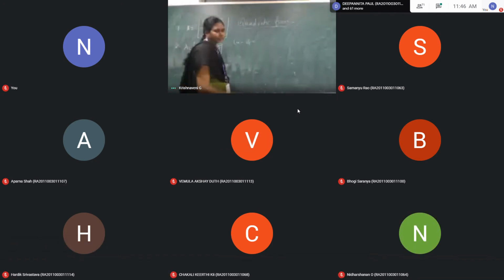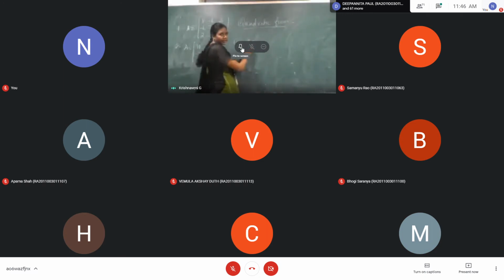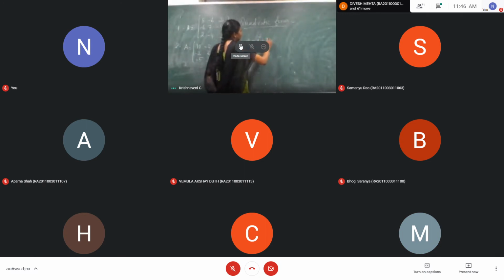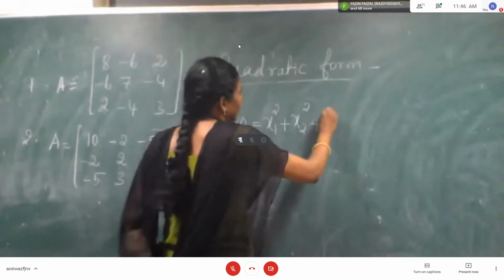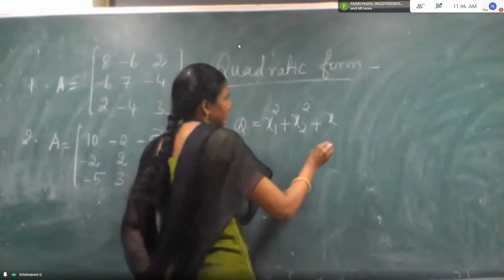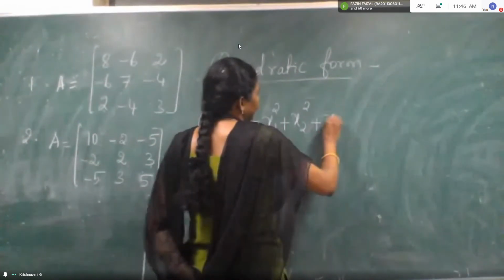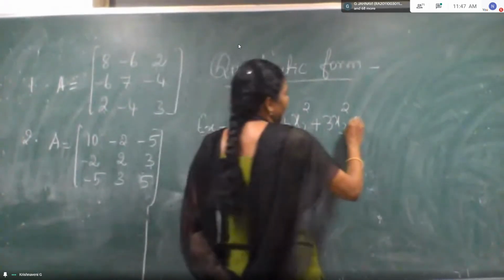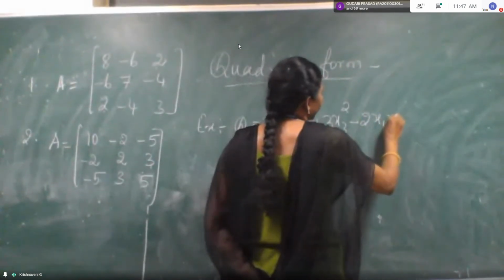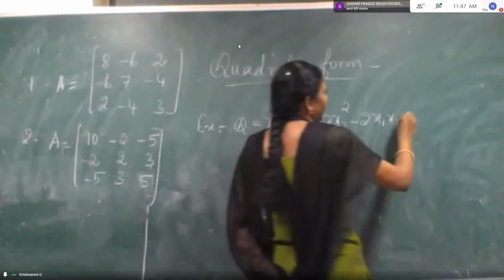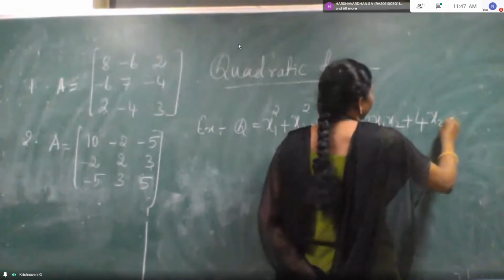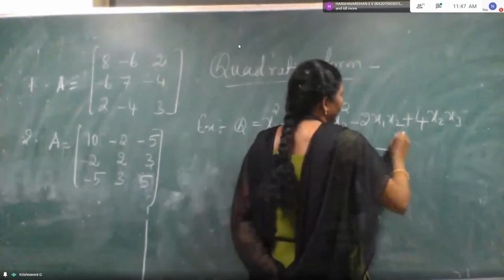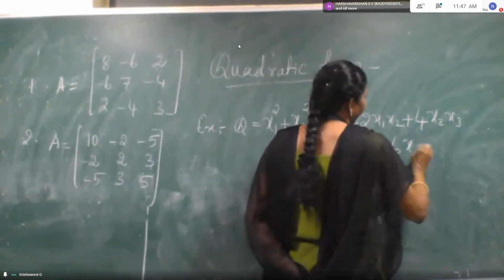Example: Q is nothing but a quadratic form. Q is equal to x1 square plus x2 square plus 3x3 square minus 2x1 x2 plus 4x2 x3 minus 6x1 x3.